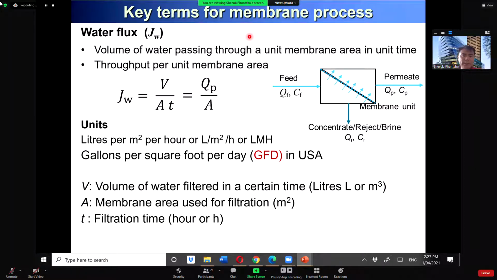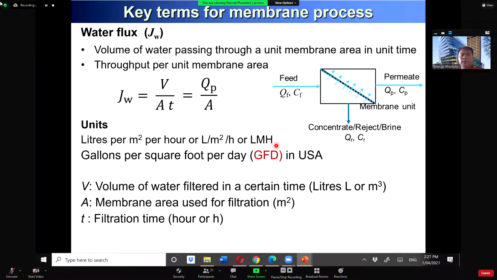The unit is liters per meter square per hour, which we usually call LMH. In the United States they use GFD, gallons per square foot per day.